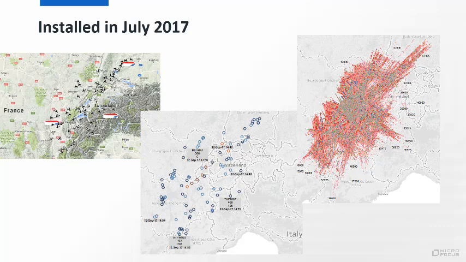Installed and operational from July 2017, I repeated some of the visualizations that I had prepared earlier. Though noting from the screenshot on the right, we are again seeing quite a distinctive pattern whereby the northwest and southeast radio signals are not being picked up as much as those to the southwest and the northeast.